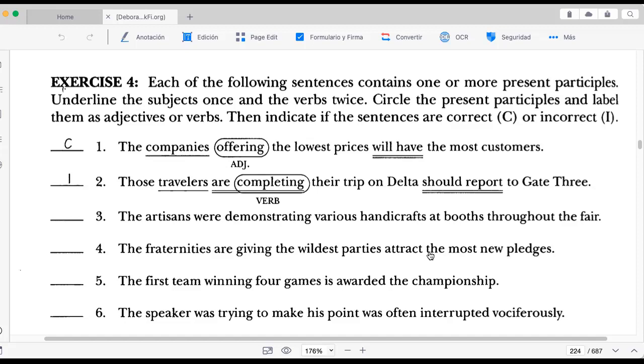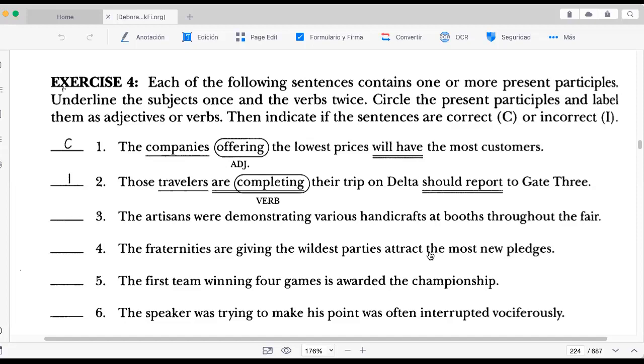Take a look. And once again, try to check this line. The fraternities are giving the wildest parties, attracting the most new pledges. Oh no, it's wrong. It should say attracting because yes, it's selling parties. Yes, that's right.